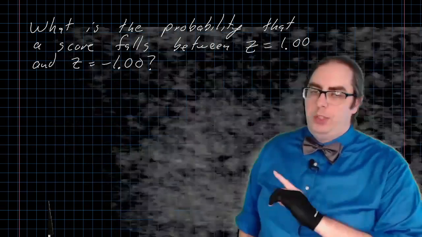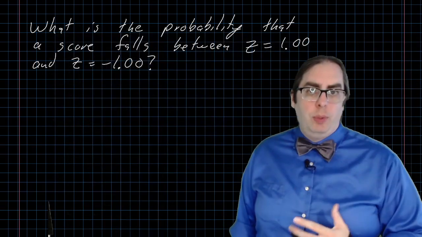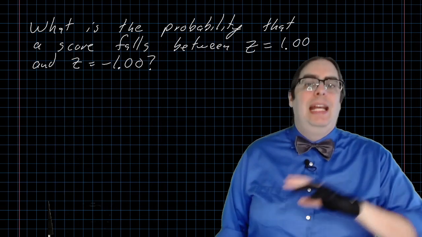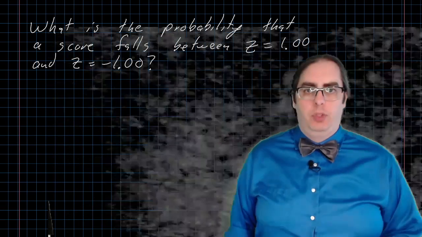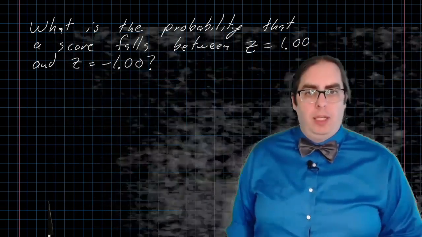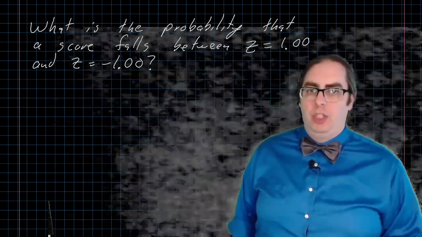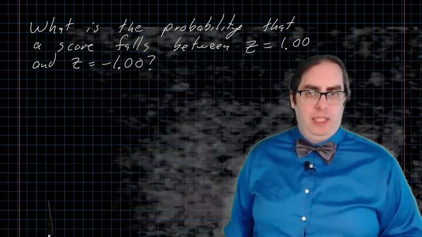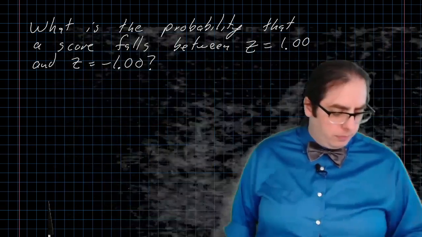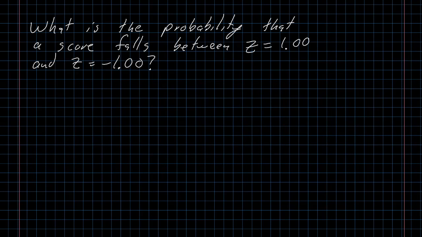So this question is actually asking us, in any normal distribution, what is the probability that a score falls within one standard deviation above or below the mean? And we can answer that question by going back to our z-score table.